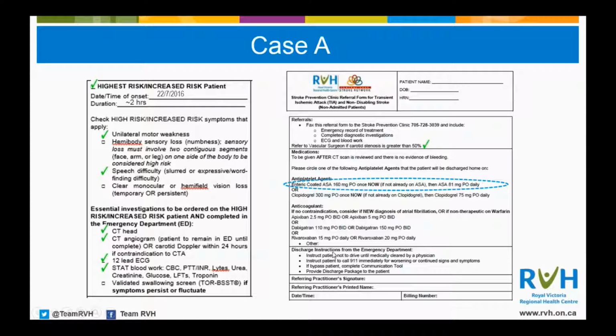We advised the patient not to drive until medically cleared by a physician. We reviewed the signs of stroke and advised the patient to call 911 immediately for any worsening or continued signs. And we provided the patient with some written discharge information to review upon arrival home.